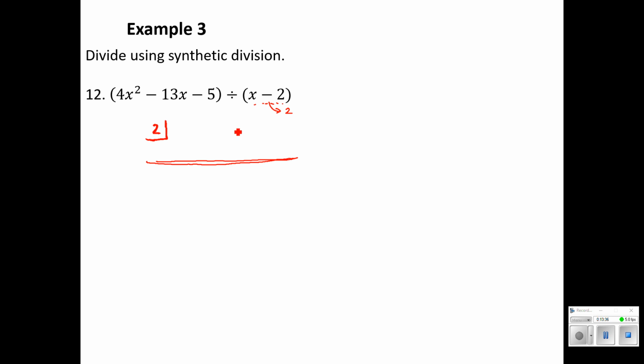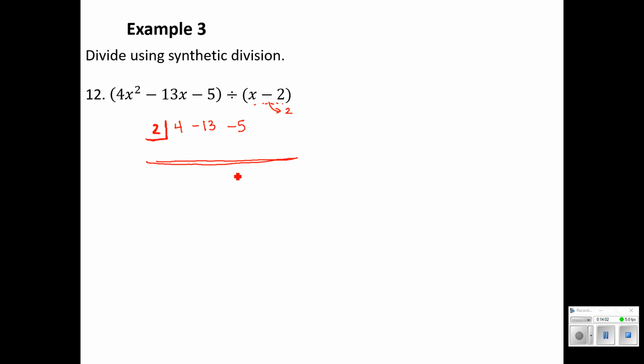Now, in line with this 2, we're going to set up synthetic division by placing the coefficients in order along the way. We've got x squared, then a regular x, and then a constant. We may need zeros as placeholders, but for now we're fine. We've got all of our exponents covered. So I've got 4x squared, negative 13x, and negative 5.